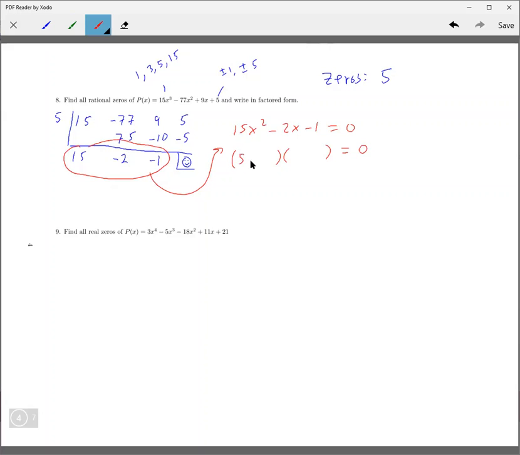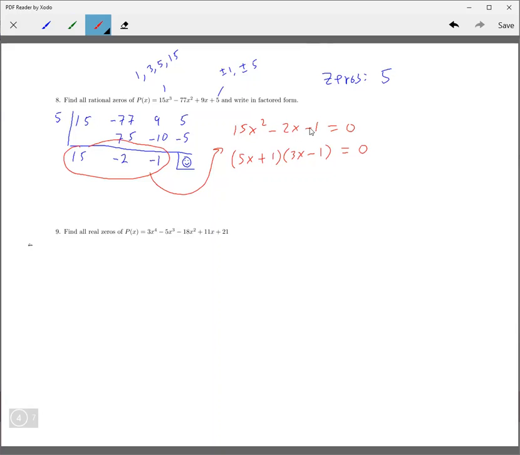I'm just gonna try 5x and 3x. Let's see, is that gonna work? Well, these have to be ones. Maybe make that a negative, because that makes the negative 5x, and then that's positive, so that's plus 3x. So that works. This one is a 15x squared. 5x times negative 1 is negative 5x, and then inside is positive 3x, which adds up to negative 2x.